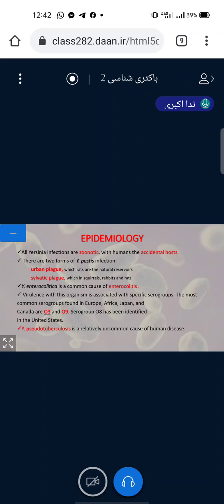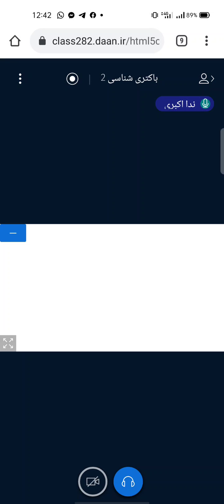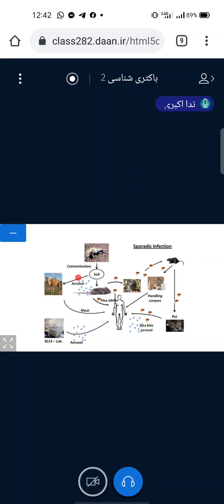All Yersinia infections are zoonotic, something between animal and human. Let me see in this picture. Zoonotic: you can see a rat here, some fleas here, and the other, a cat here, rodents.